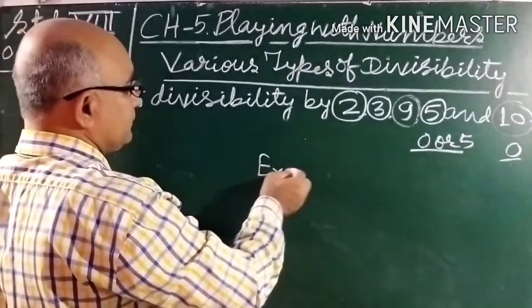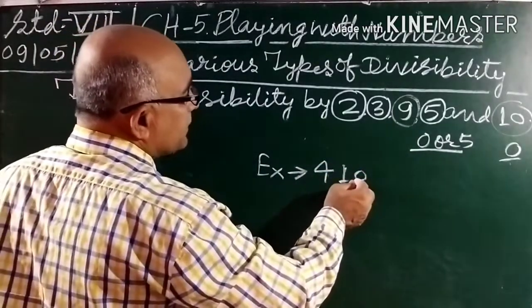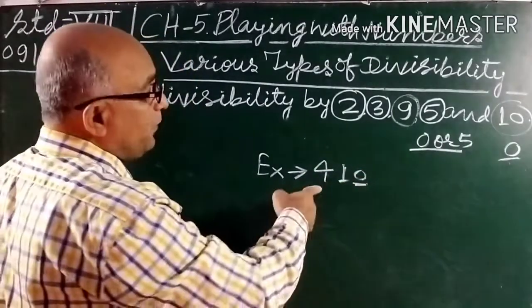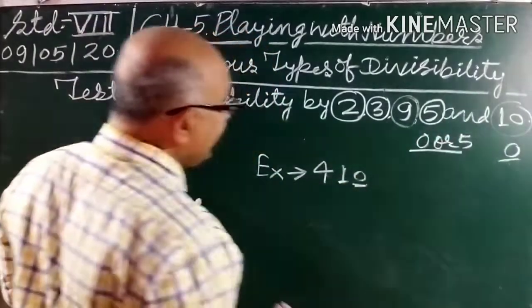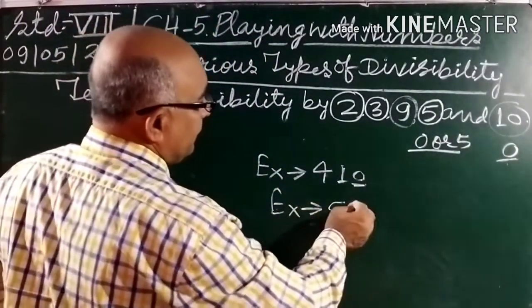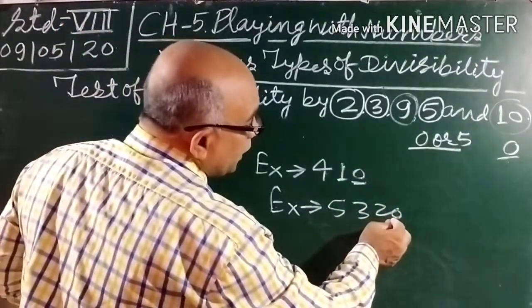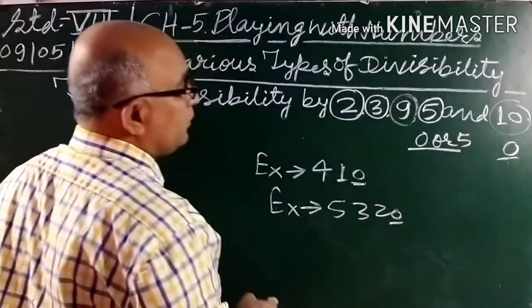Example: 410. Its unit digit is 0. So 410 is divisible by 10. Next example: 5320. Its unit digit is also 0.